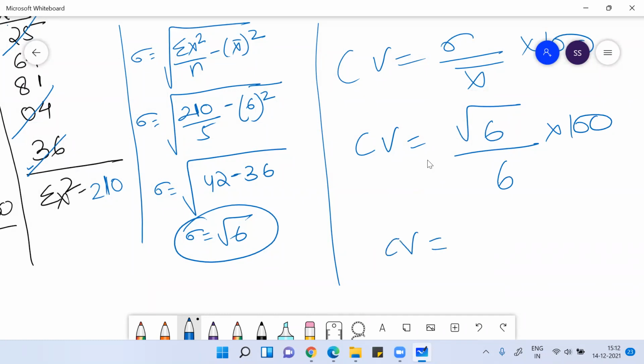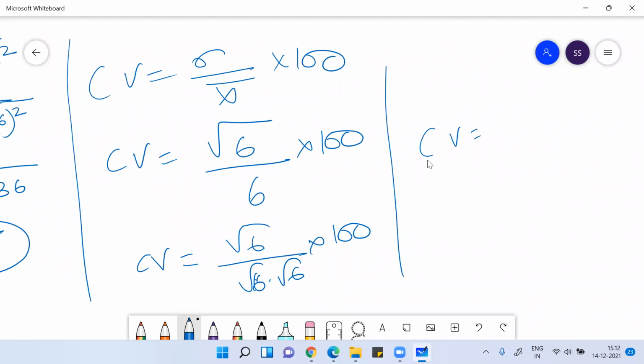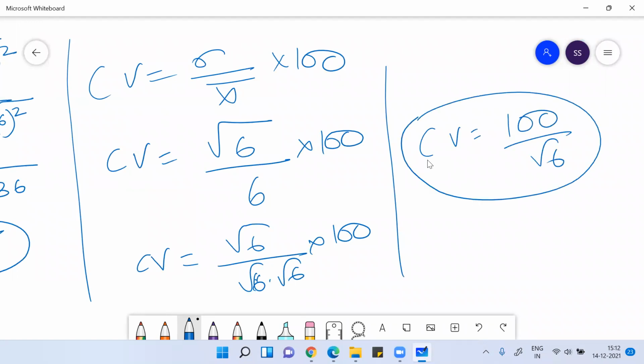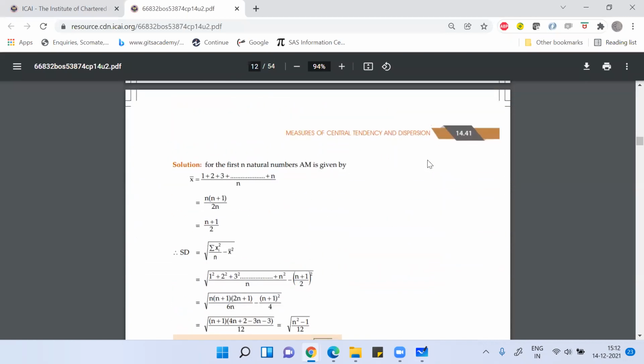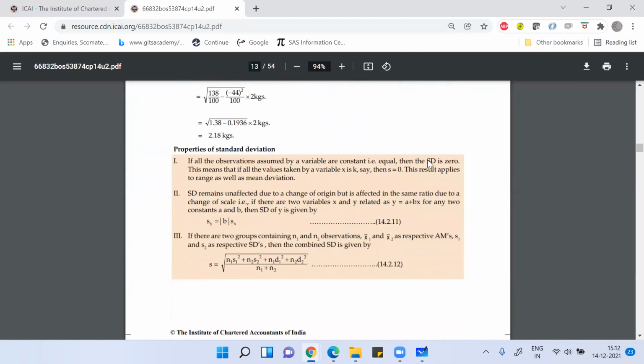So the coefficient of variation is root 6 by 6 into 100, so you can write it as 100 by root 6. Fine, so I hope you are getting this.